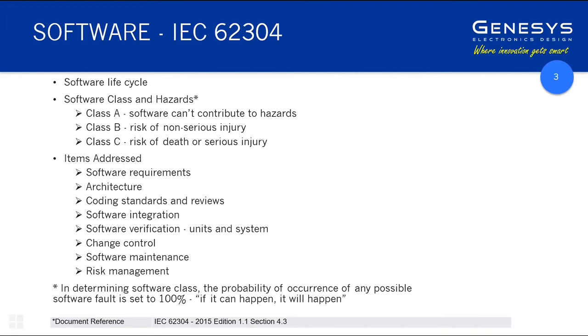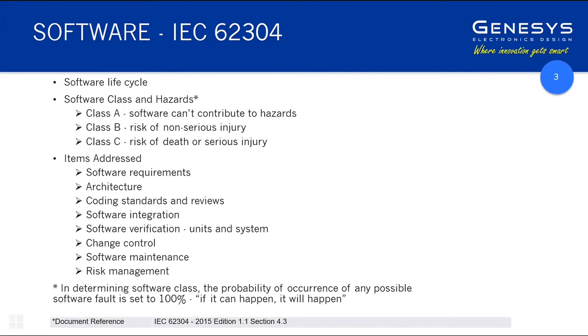Class A: software can't contribute to hazards; class B: risk of non-serious injury; class C: risk of death or serious injury. Now, your class selection will, in a lot of cases, drive your choice of what display you're going to use. Pretty much, if you're class B or class C, it may limit you quite a bit.